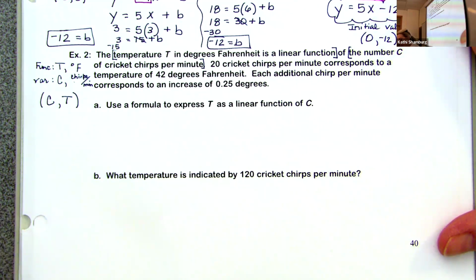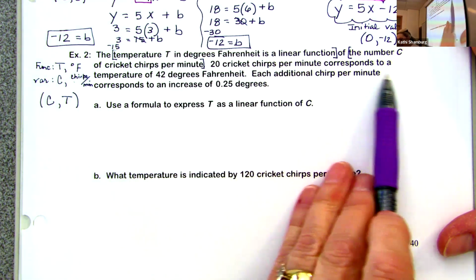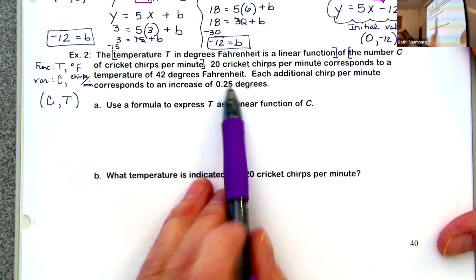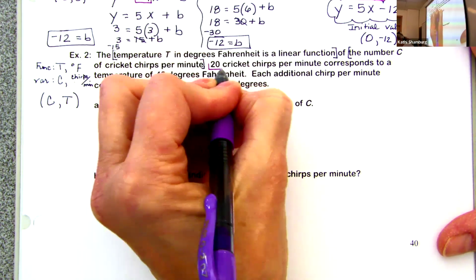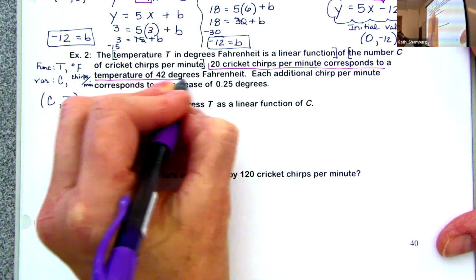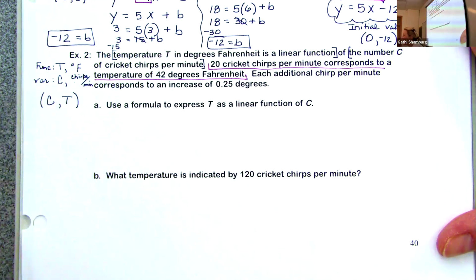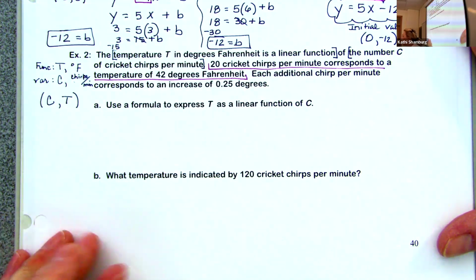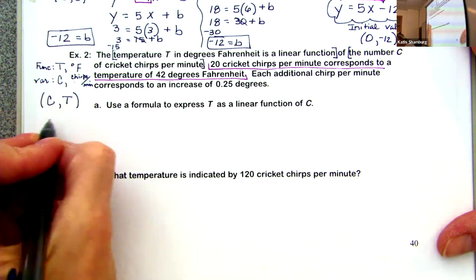Okay, so 20 cricket chirps per minute corresponds to a temperature of 42 degrees Fahrenheit. This is giving us a relationship between my variable and my function that will create an ordered pair.